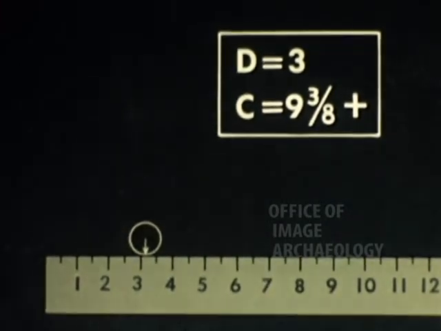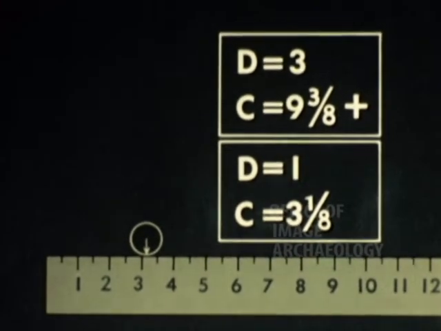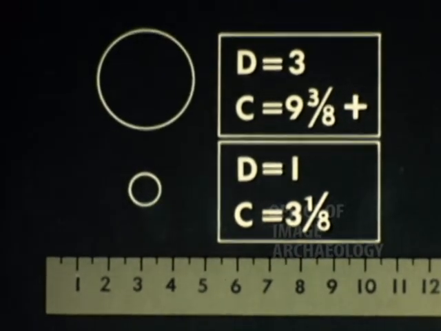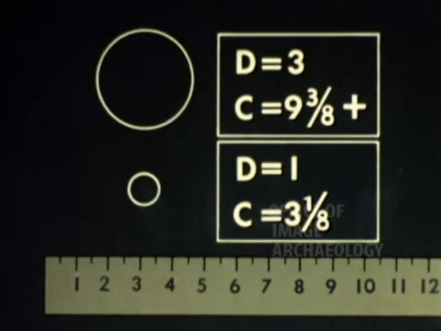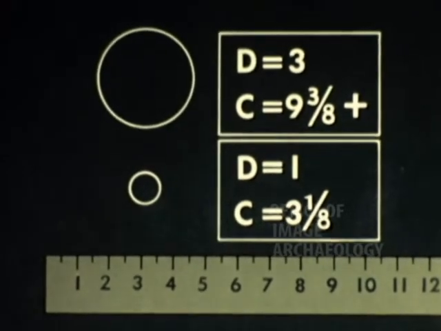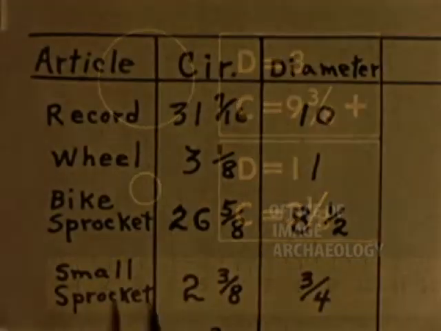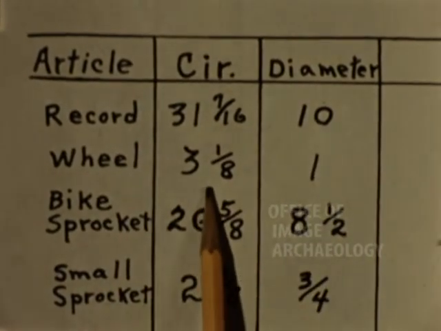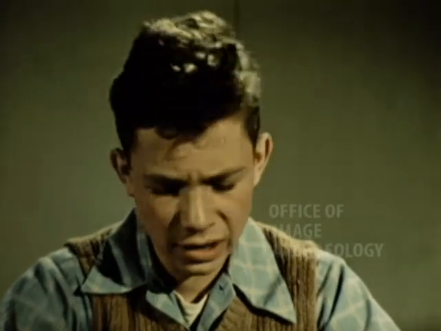You find the circumference, and you record these measurements. These are the facts which have helped teachers of mathematics to develop the meaning of pi. I think I'm beginning to understand, but not quite.